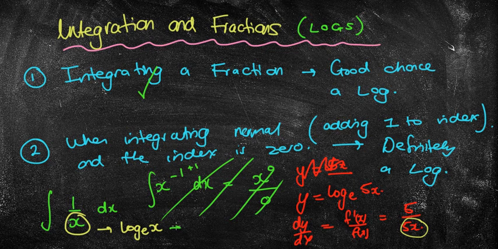For example, if I went ahead and differentiated that, do my f dash x over f of x, we would have 1 over the function. Is that correct? Yes, it is. Therefore, that is my answer, and I've got it. There will be some cases where when you test it, it won't be exactly what you wanted, and you have to modify it slightly. So we'll have a look at that.